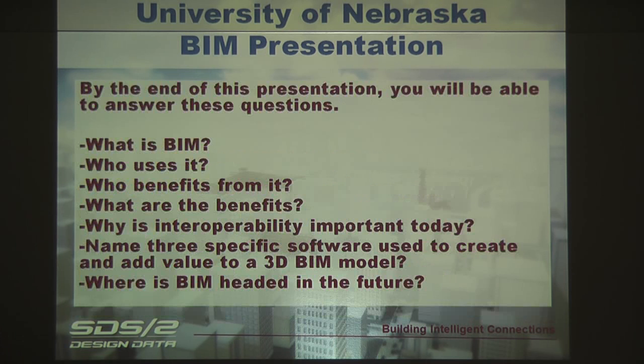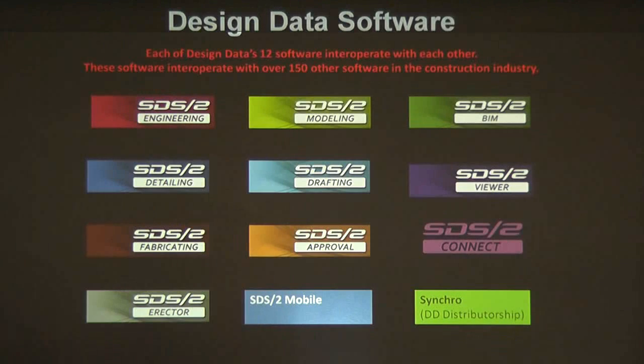Next slide. Well, we already did that. This is our software that Design Data sells. Engineering basically does what RAM does, not quite as powerful, but a similar concept. Lots of different things that you've seen today, but tailored specifically for a particular trade.